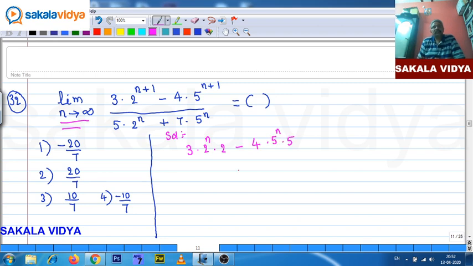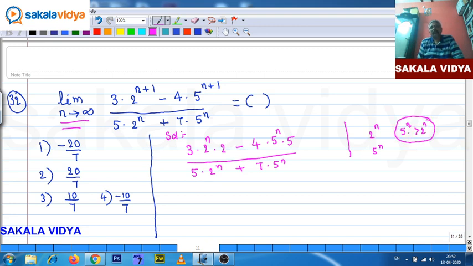So we write the numerator like this, and the denominator as it is, 5 into 2 power n plus 7 into 5 power n. If you observe 2 power n and 5 power n, 5 power n will be greater than 2 power n. So take 5 power n common out from both numerator and denominator.